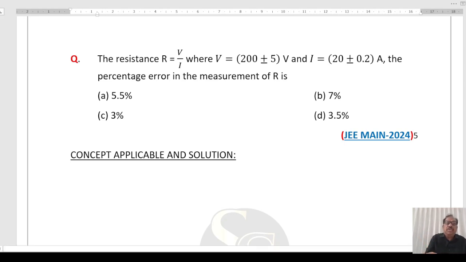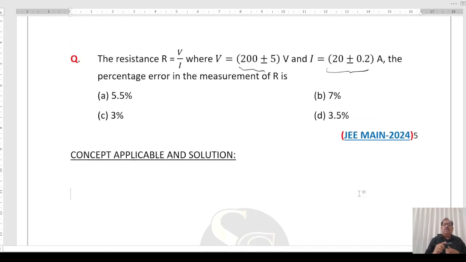Question: the resistance R equals V upon I, where V is 200 plus minus 5 and current I is 20 plus minus 0.2 ampere. The percentage error in the measurement of R is?